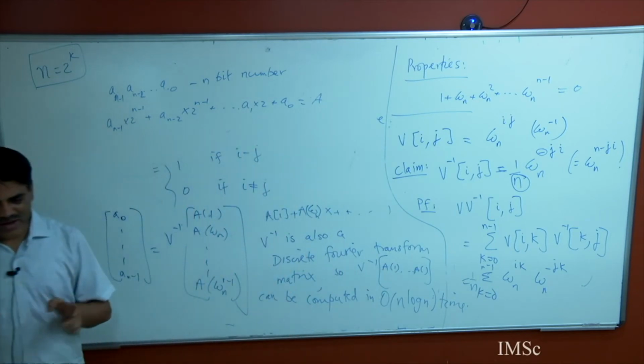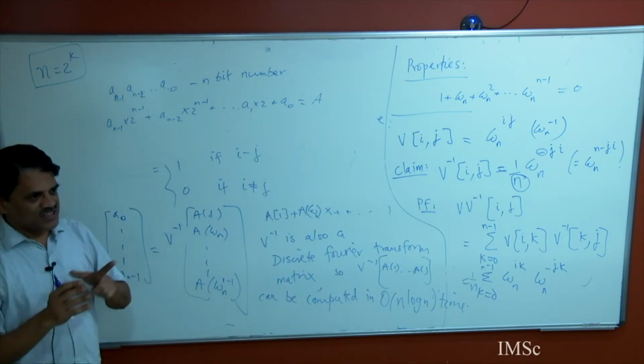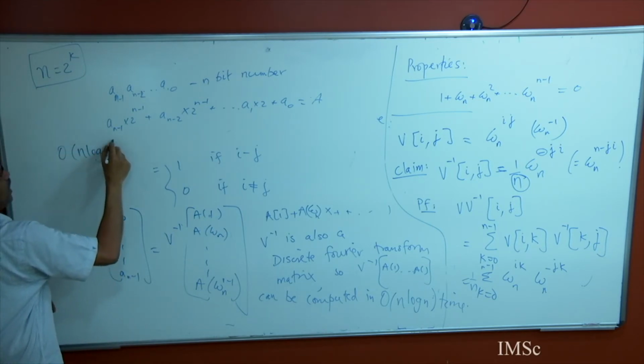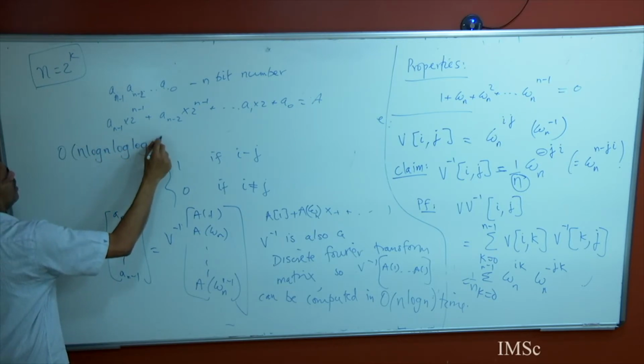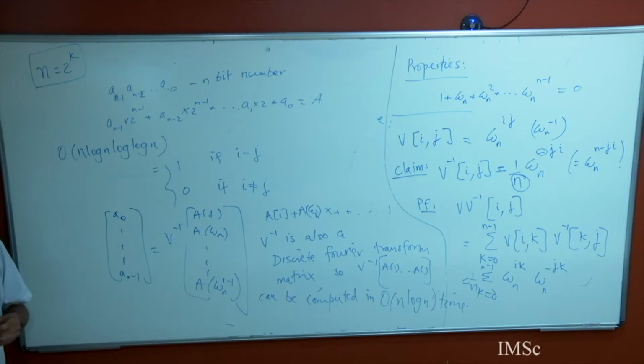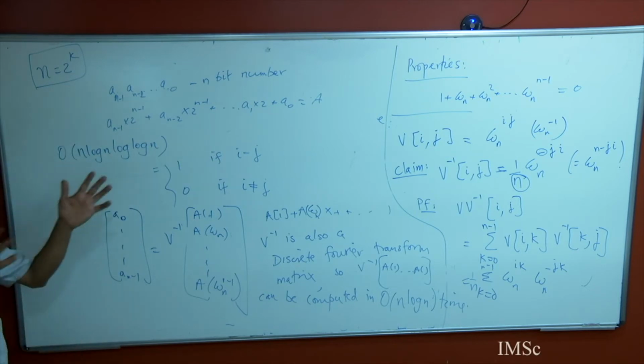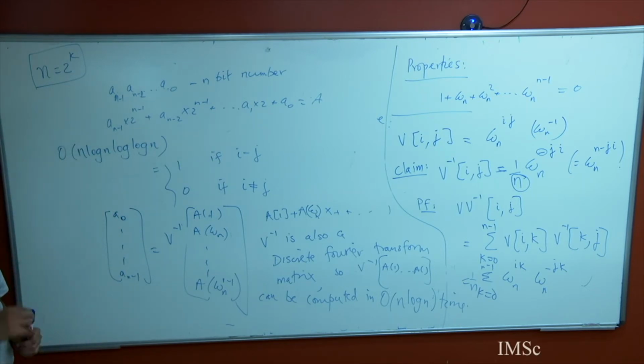So if I work with this large ring of integers and use some fancy stuff, the current best time to multiply two n bit numbers is n log n log n time. Whatever you can do in the word RAM model in constant time, that's what it means by time. And it uses the Fourier transform and integers modulo m and various other things, an interesting use of group theory and field theory, to get such fast integer multiplication.